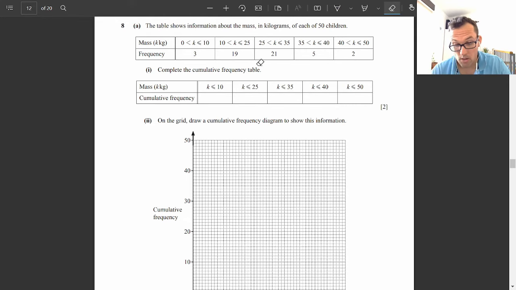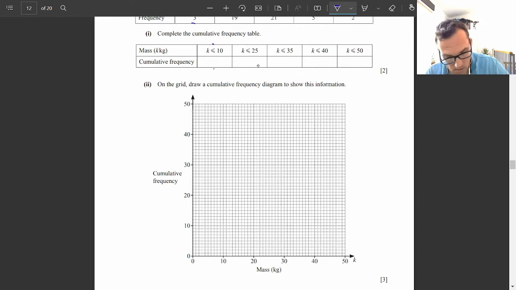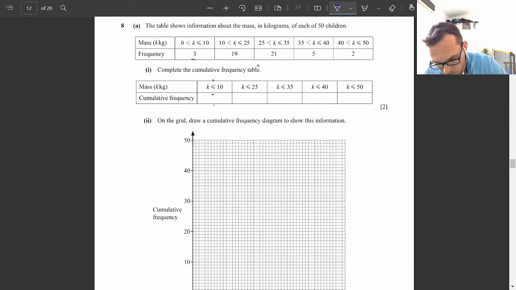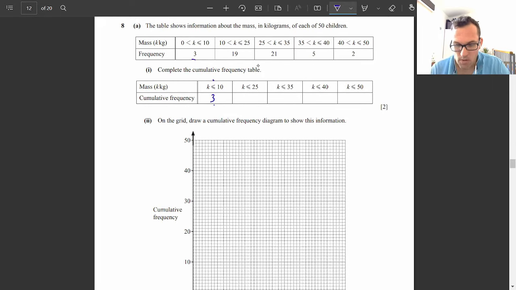Okay, they now want us to do a cumulative frequency table, which means we just add up as we go along. So the first value there wants us to have all the children that are less than 10 kilograms, and that is 3. The 3 there, we just copy it over. Then we need to write down all the students that are less than 25 kilograms. That means we add these two together. That will be a total of 22 students.